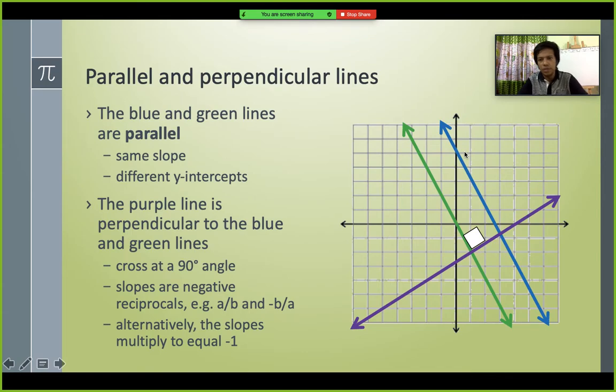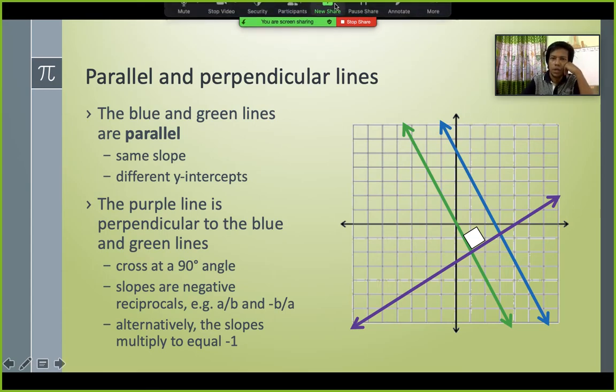Other values are different. For perpendicular lines, you see this line is perpendicular to both of these lines, or you can say both of these lines are perpendicular to this line. That is also true. If this line and this line are perpendicular, what will be the relationship of their slopes? Let me write.